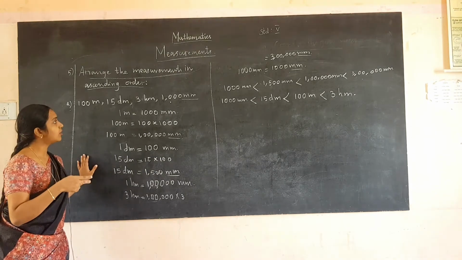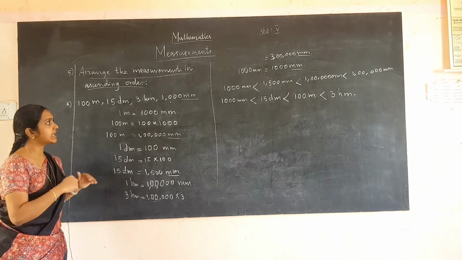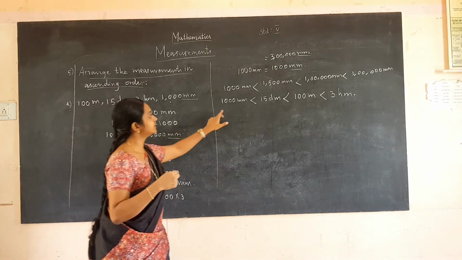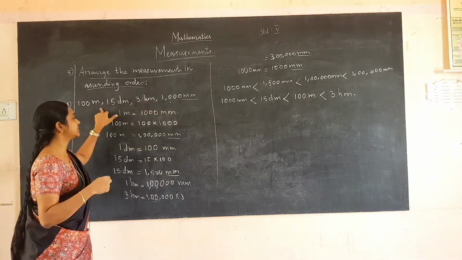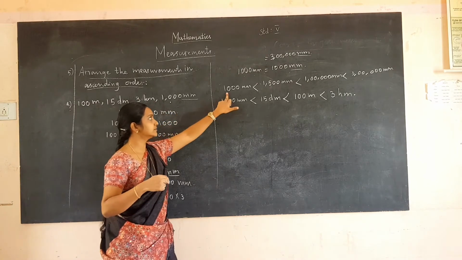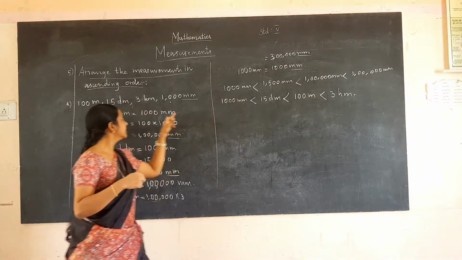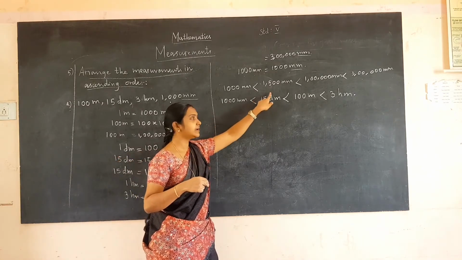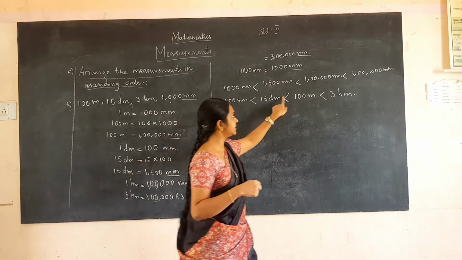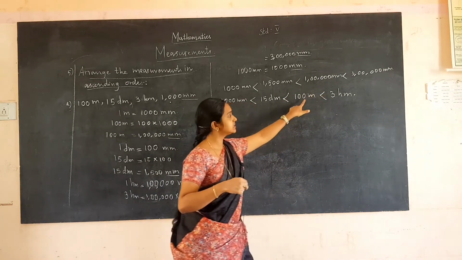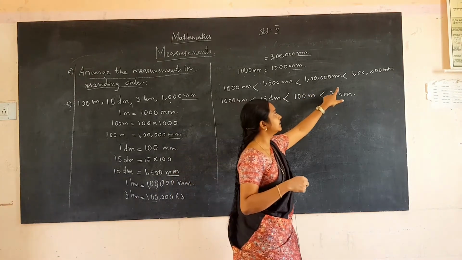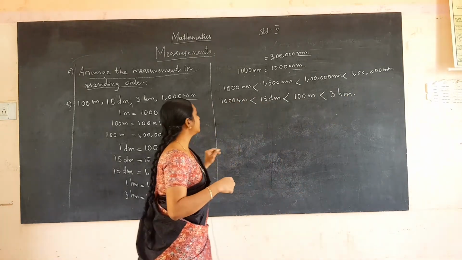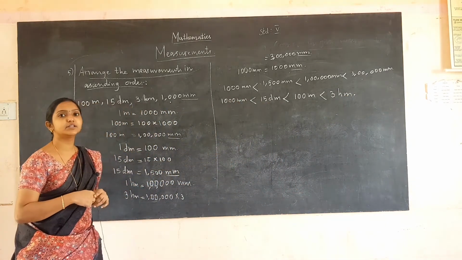I have converted all the units to millimeter and then I have arranged in ascending order. Then you have to finish it with the numbers that are given in the question. You should not stop here, but you should convert to the numbers given in the question. 1500 millimeter is 15 decimeter, 1 lakh millimeter is 100 meter, and 3 lakhs millimeter is 3 hectometer.